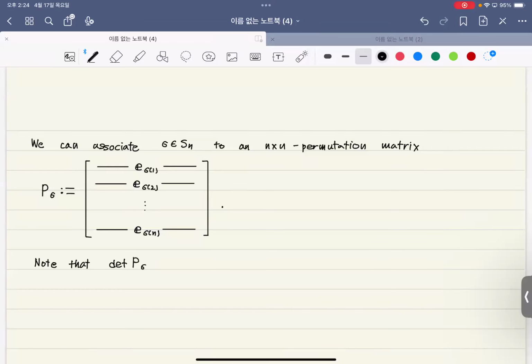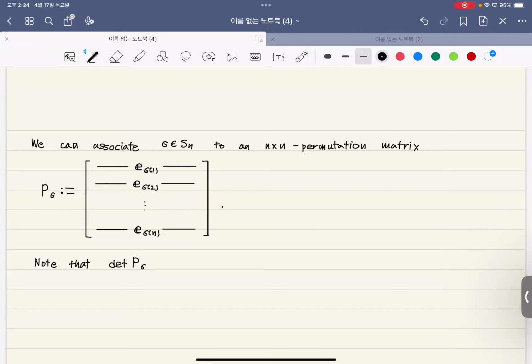Can you guess the determinant of this matrix? I guess the determinant of this matrix must be precisely the same as the sign of sigma. Why? Do you get it? You must remember that the determinant is alternating, and the determinant of the identity is always 1, because the determinant is unitary.